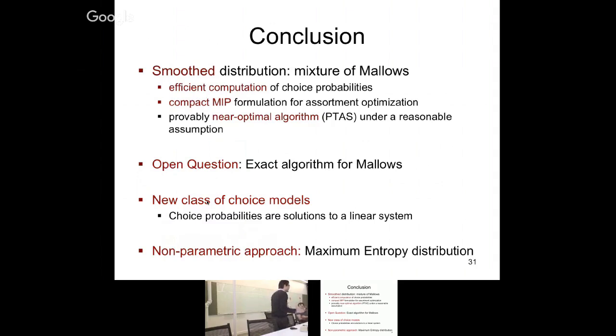Instead of going through the other route of recovering the utility model that defines the preferences, which is what the multinomial logit and mixture of multinomial logit literature has been doing, if you think about choice probability as a linear system in some dimension, here the extended dimension of n cubed, you can try to learn the parameters of that linear system.